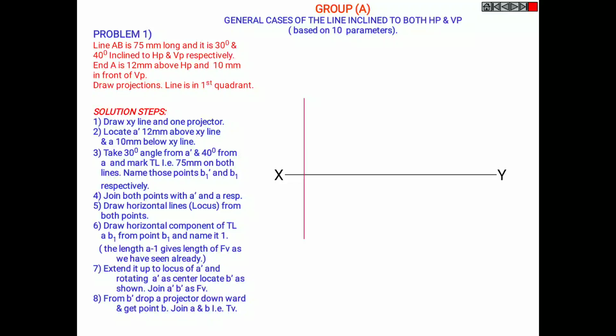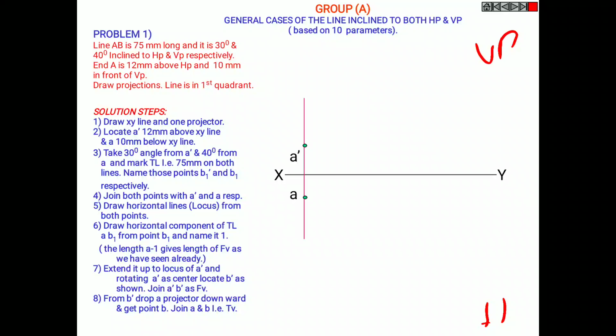Since he is saying that end A is 12 mm above HP, it should be drawn in VP, and 10 mm in front of VP should be drawn below XY axis line. So, this will be your VP and this will be your HP.